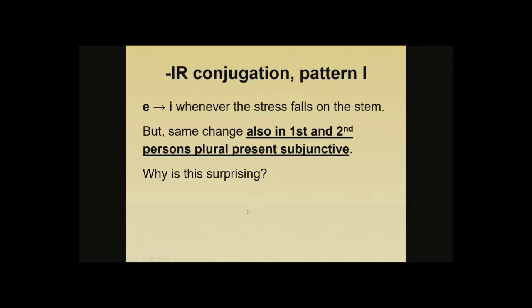So it's not always dependent on whether the stress falls on the stem. It generally is, and for ER and AR verbs, it always is. But in the IR conjugation, there are some forms, present subjunctive, where you get a vowel change.